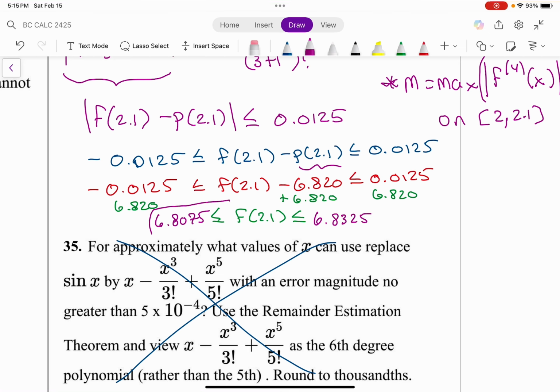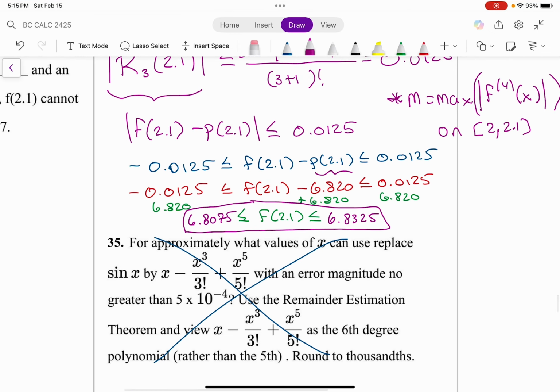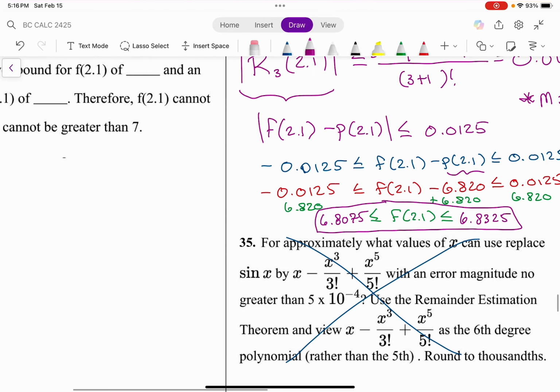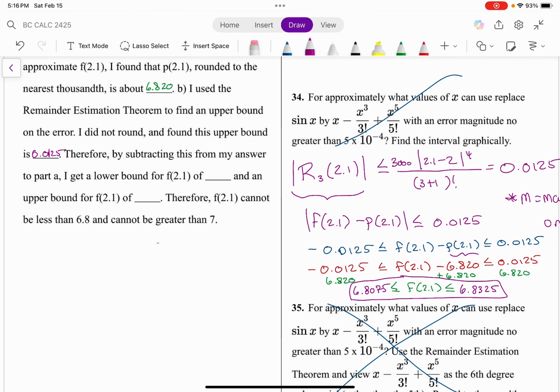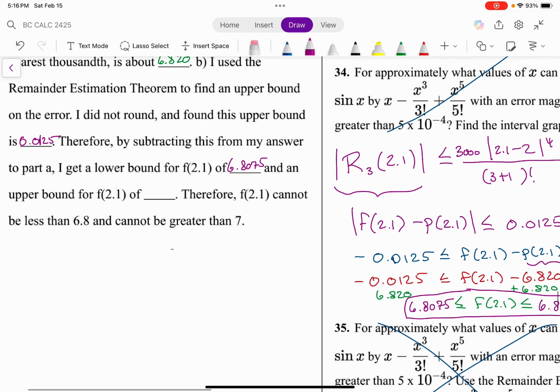So what that tells me is that the true value is somewhere in between there. We're guaranteed that the true value is in between those two numbers. So going back over here, the lower bound of f of 2.1, as I mentioned, would be 6.8075. Okay, and an upper bound is 6.8325.